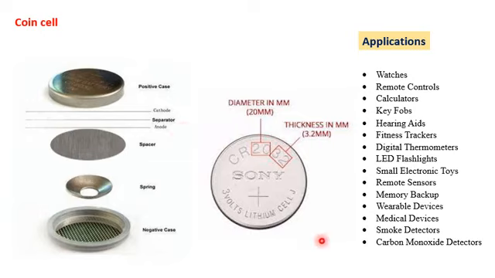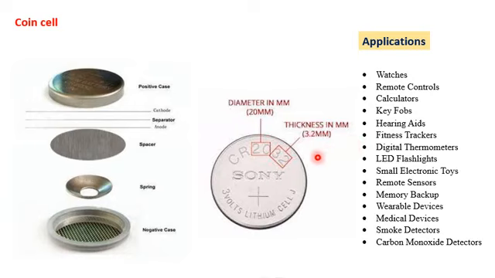If I talk about the size of the coin cell, there are different sizes, and those sizes are defined based on a number written on it. Like in this case, the number is CR2032. Here 20 represents the diameter in mm, and 32 represents the thickness of this coin cell, that is 3.2 mm.